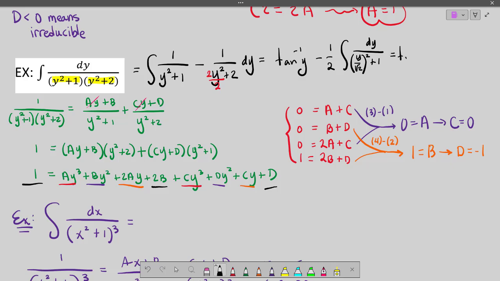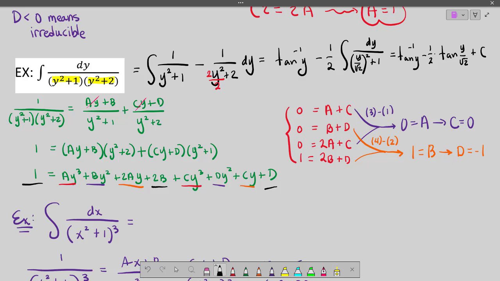So we're going to have arctangent of y minus 1/2. So for the reverse chain rule piece, it's 1/2, arctangent of y divided by square root of 2, divided by the derivative of y over square root of 2.